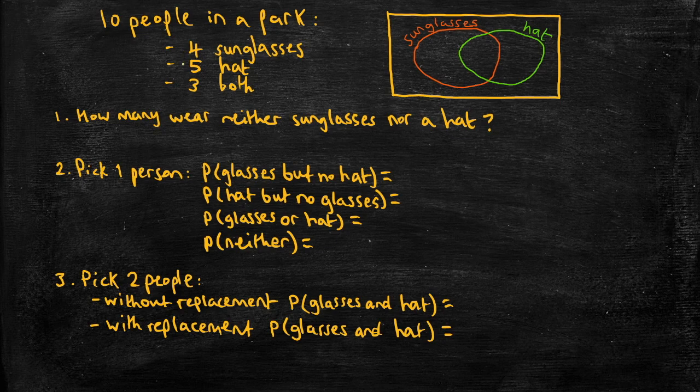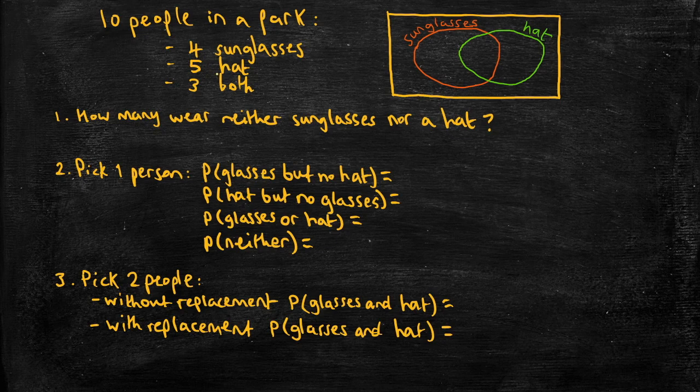We've got 4 and 5 and 3, which comes to 12. We've only got 10 people. Well, we need to be careful here because 3 of them are wearing sunglasses and a hat. But the 4 people that are wearing sunglasses, some of them might be wearing a hat, some of them might not. And the 5 people that are wearing a hat, some of them might be wearing sunglasses, some of them might not.